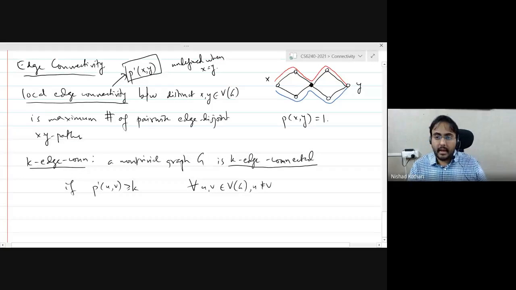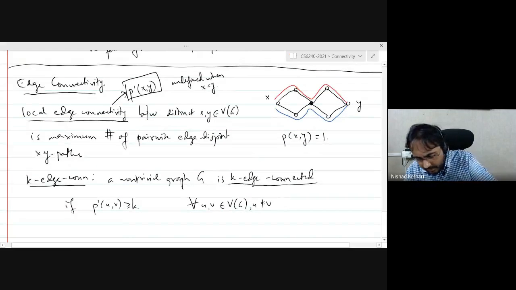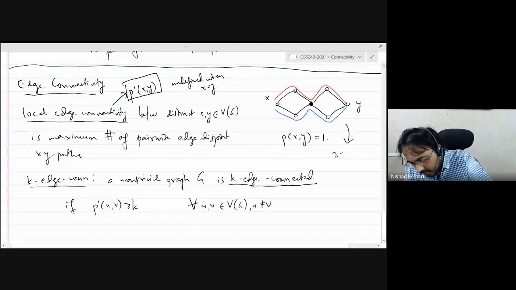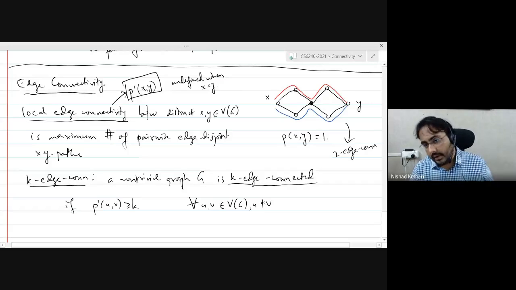So you have at least k pairwise edge disjoint paths between any two vertices. So I think if you look at this graph, it is two edge connected, but it is not three edge connected.